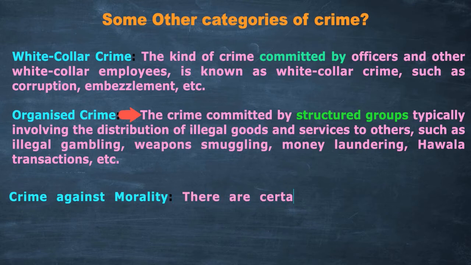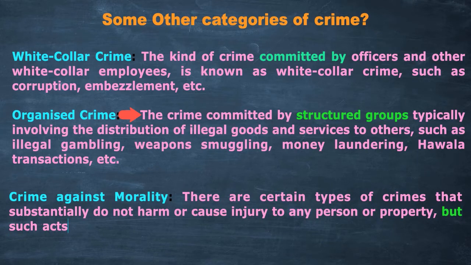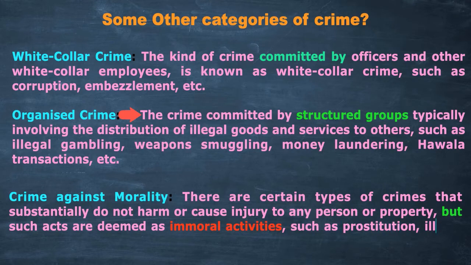There are certain types of crimes that do not substantially harm or cause injury to any person or property, but such acts are deemed immoral activities, such as prostitution, illegal drug use, etc.